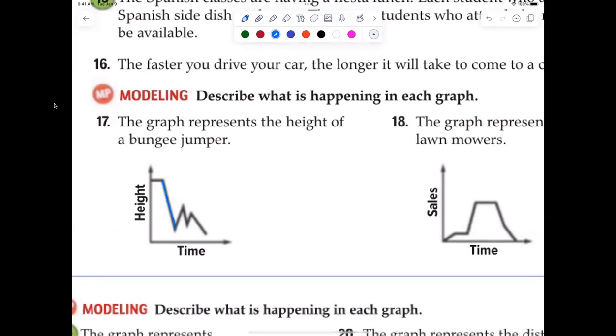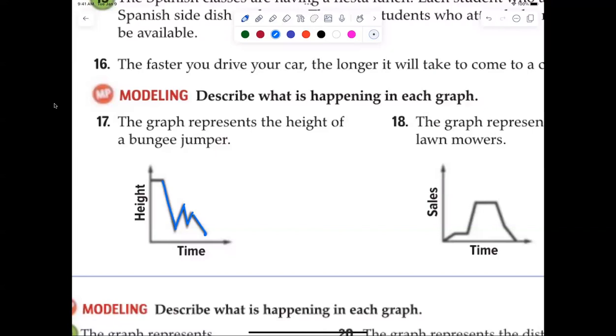Everybody agree? And then it snaps you back up, but you never go as high, correct? Then you go up higher and gravity pulls you back down, and then all of a sudden you're at the end and you just are stopped. Does everybody agree with that? That's kind of the way I would like for you to describe that.